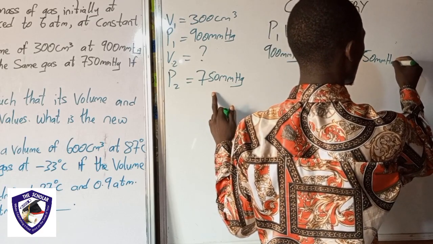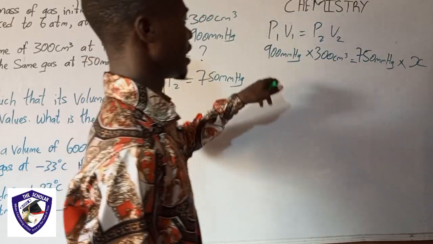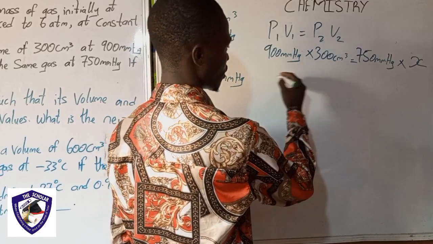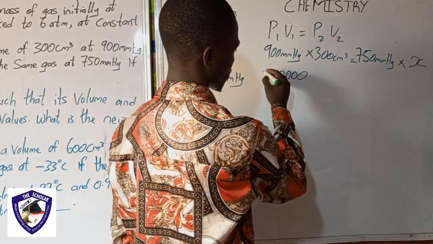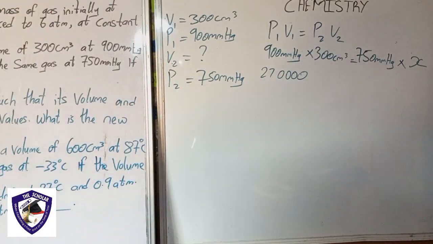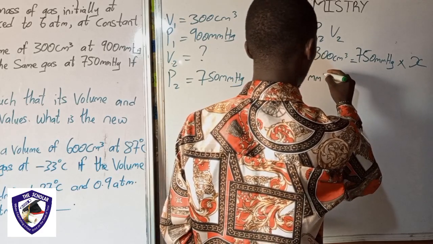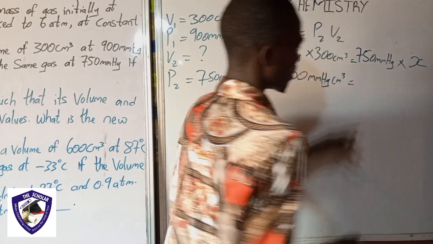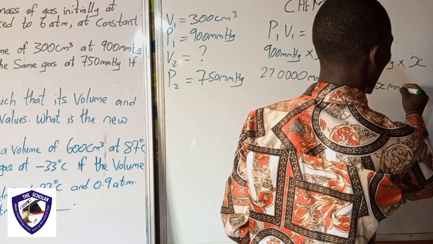And our V2 is X. Now let's multiply. 900 mm mercury multiplied by 300 cm3. We have 270,000 mm mercury cm3. So here we have 750 x millimeter mercury.